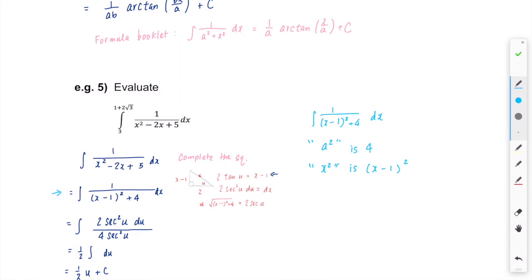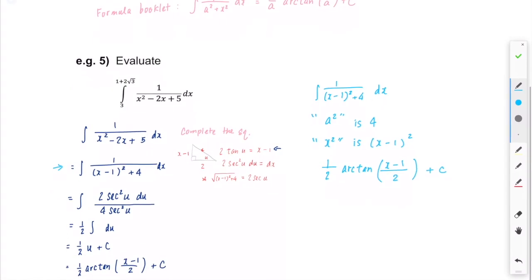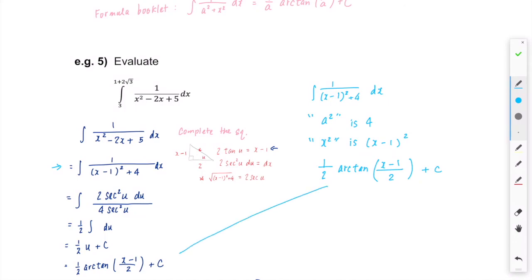So here, this will become 1 over square root of 4, which is 2, arctan of x minus 1 over 2. Does that match with what we have down here? Yep.